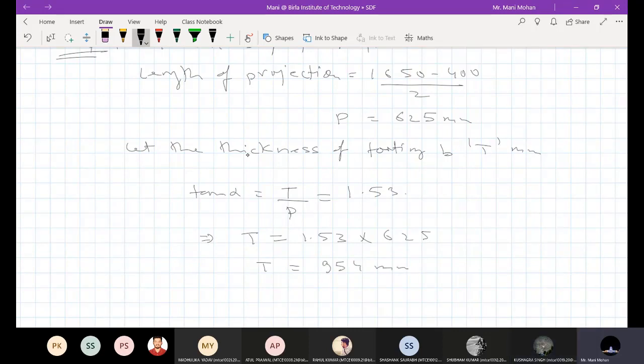You can say that, let us provide the thickness of footing as 960. Okay, so you have got the dimension. You are going to provide 1650 width, and you are providing 960 mm thickness of the footing.